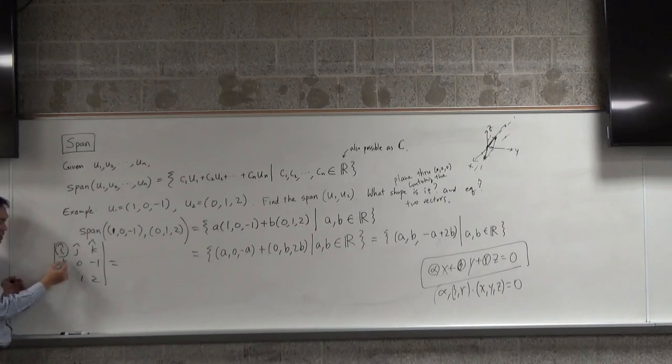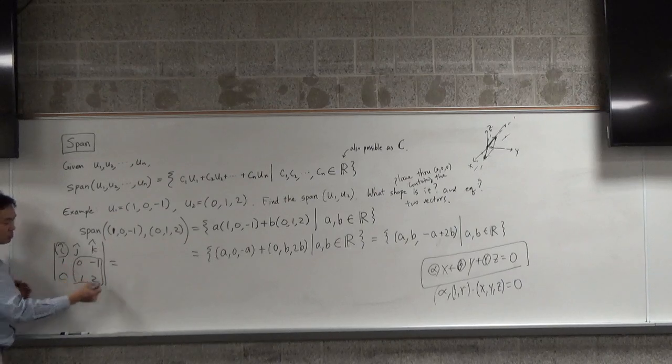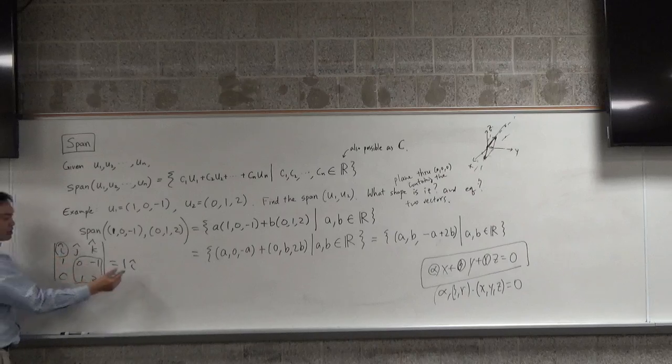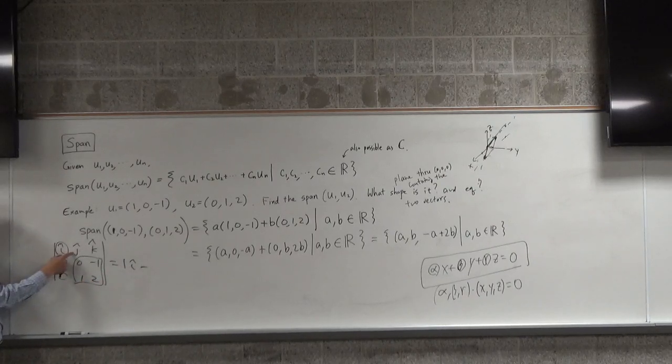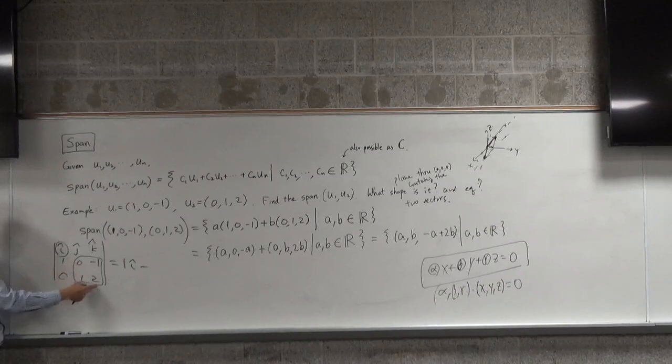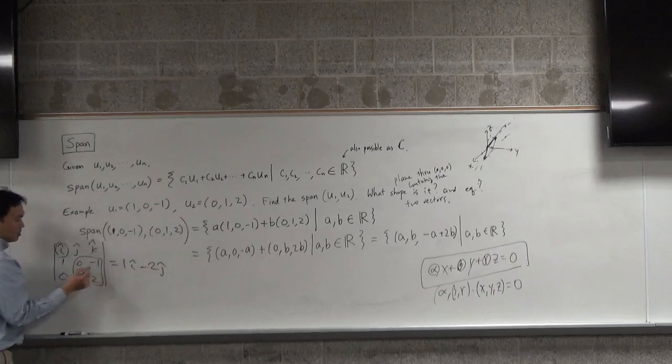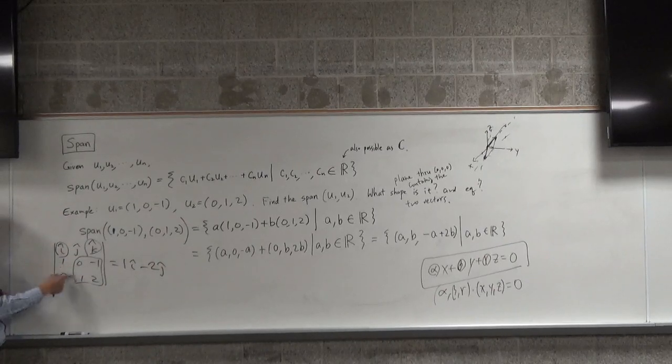So i times the determinant of this, which is 1i. The checkerboard of signs says I should put a minus for the j, and then it's the determinant of this, this, so it's 2, so it's minus 2j. And if I take k, it's the determinant of this one, that's determinant 1.